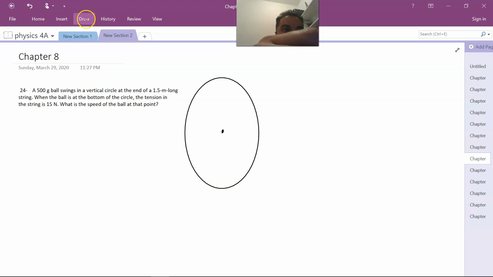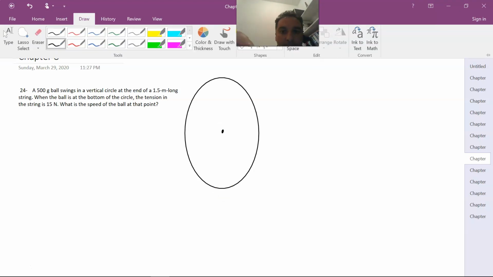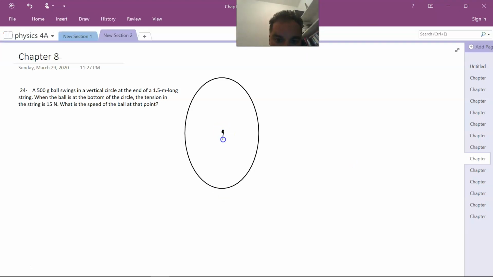So here what I actually have is something like this. There you go. So 500 gram, so mass is 0.5 kilogram, swings in a vertical circle at the end of 1.5 meters. So this radius is 1.5 meters.